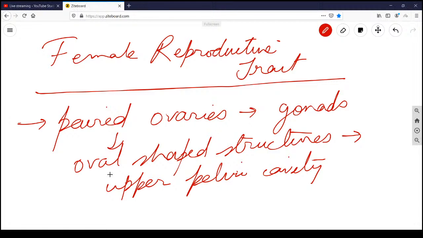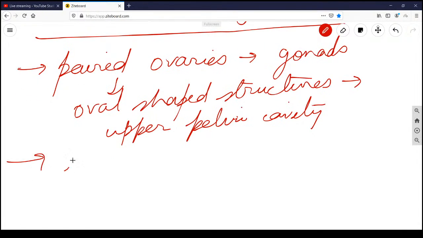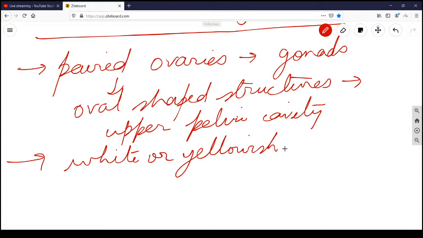The color I'll write. And the size also I'll tell you.